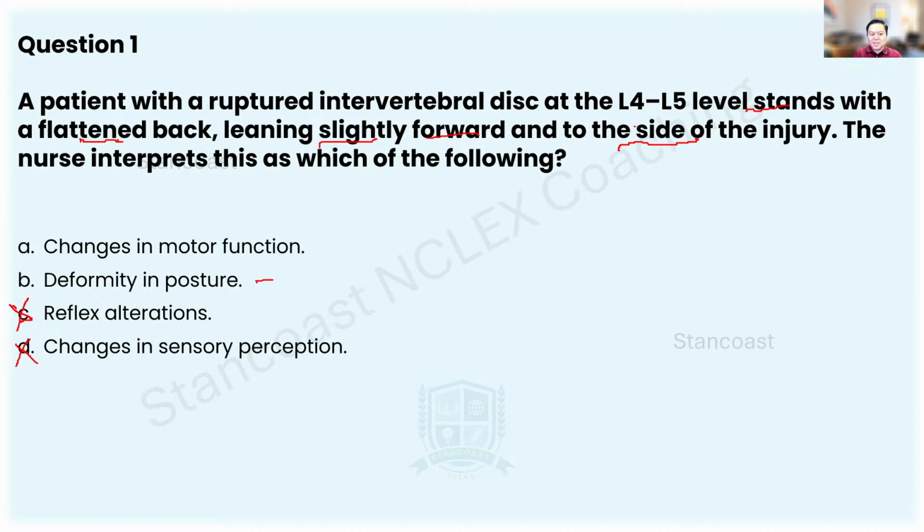They could be in moderate or severe pain, and they will tend to lean toward that mechanical imbalance in order to attempt to alleviate the pressure. And so the patient will lean toward the side that is unaffected in order to relieve pressure on the side that has the compression. So that is the correct answer here.